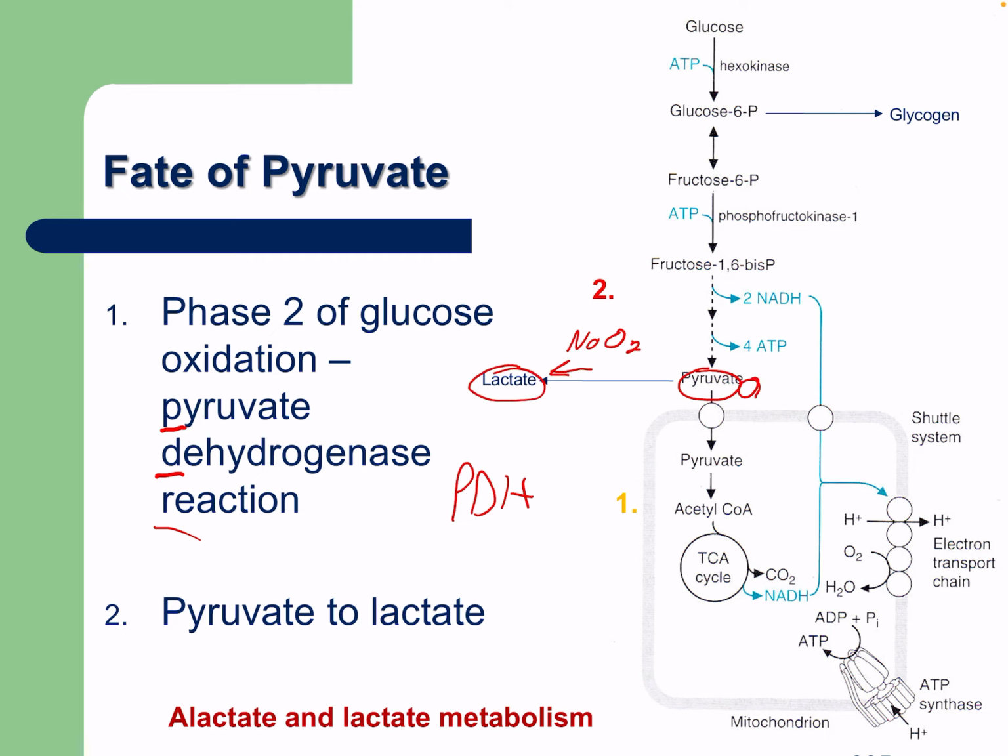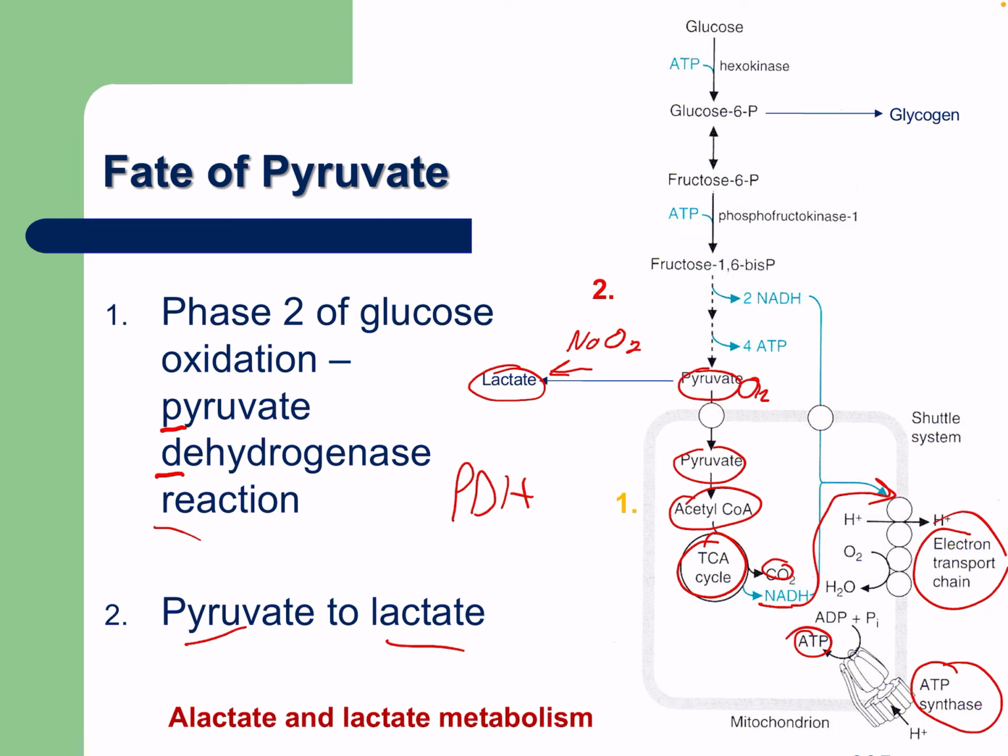With the presence of oxygen, pyruvate will become acetyl-CoA and enter the citric acid cycle, producing carbon dioxide and NADH, which enters the electron transport chain, which then eventually goes into ATP synthase, producing ATP. Then we can also have pyruvate to lactate, so again, we can have lactate metabolism.